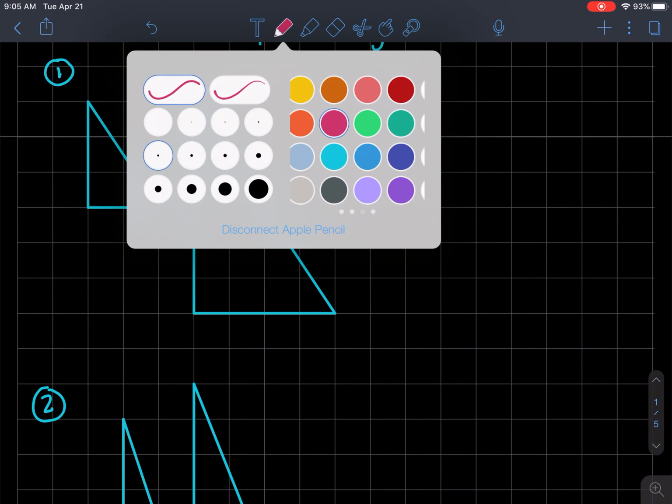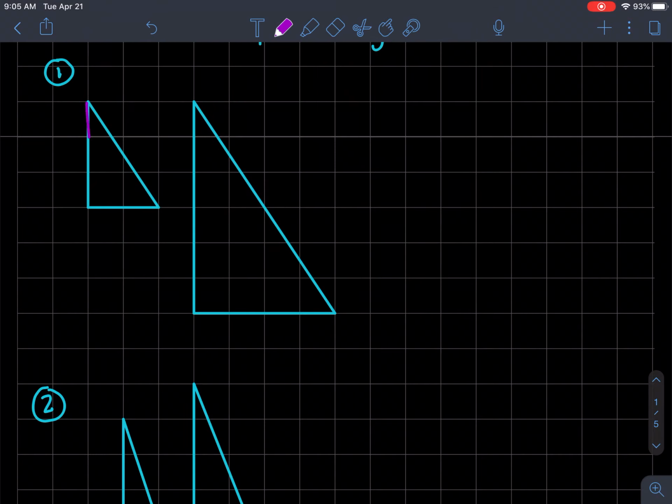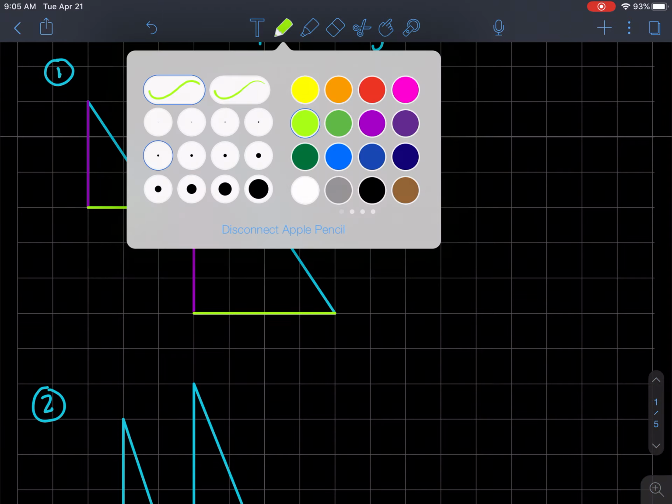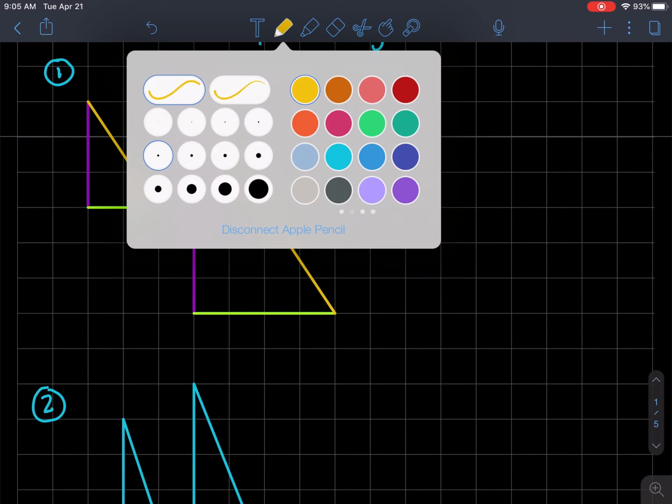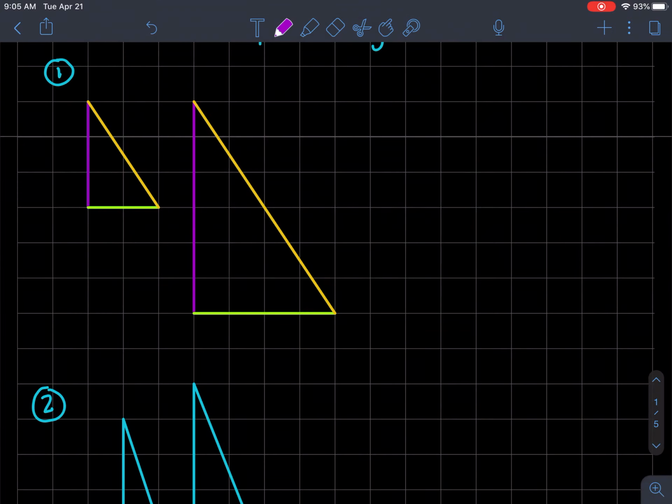So we are going to, again, change the color of our sides so that we can keep track of our corresponding sides. And just for fun, just to make sure it always is the same, our hypotenuse is yellow. Okay, so we are going to determine the lengths of the sides. For our smaller triangle, our preimage, our first shape, our side length is 3.